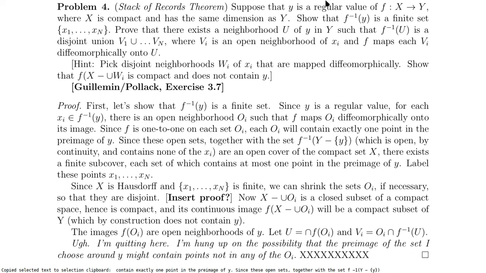So the preimage of -1 to 1 will contain all these neighborhoods, which map diffeomorphically, but it might also contain some extraneous stuff. So I need a construction which is going to shrink it down to be from -1/2 to 1/2, to make sure I don't get any of that extraneous stuff in there.